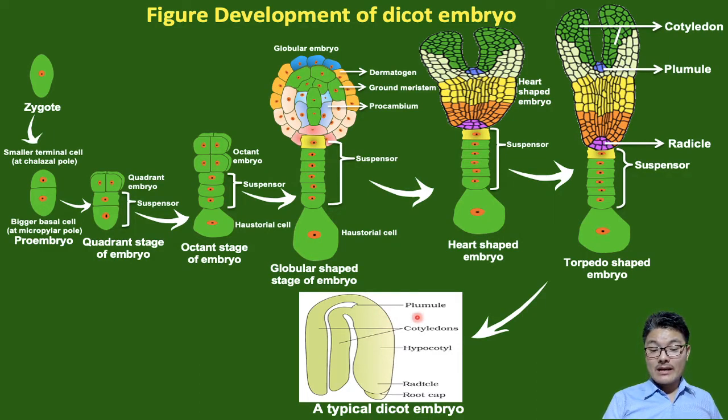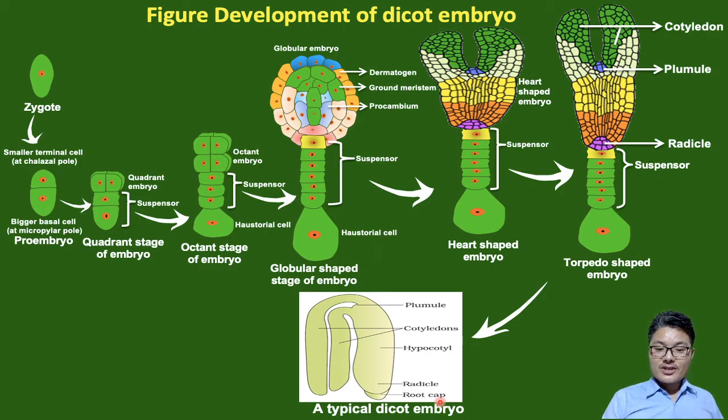Now in the typical dicot embryo, we are able to observe two cotyledons, and the upper part of the embryonal axis has the plumule. The upper part of the embryonal axis is the epicotyl, and the lower part is the hypocotyl. We are also able to observe the radicle, around which we have root cap cells.